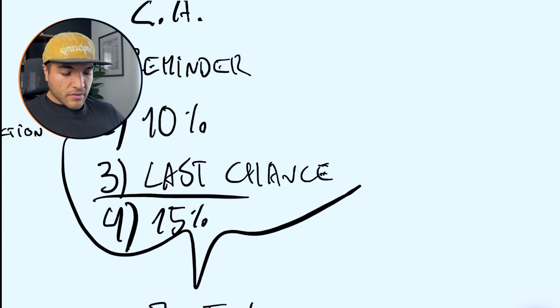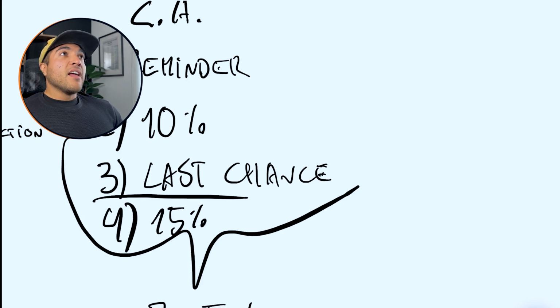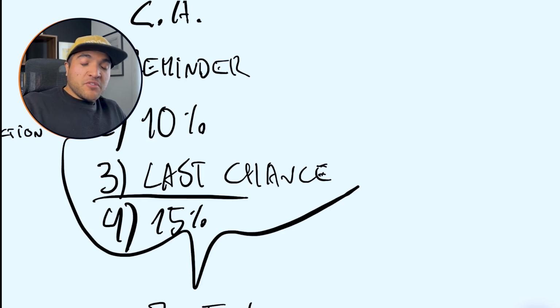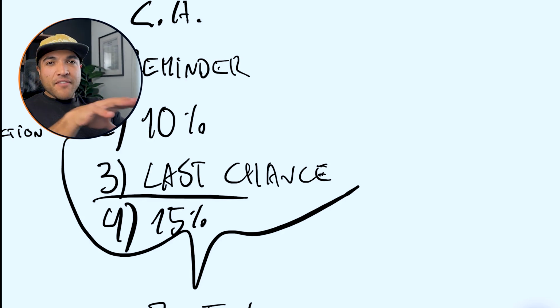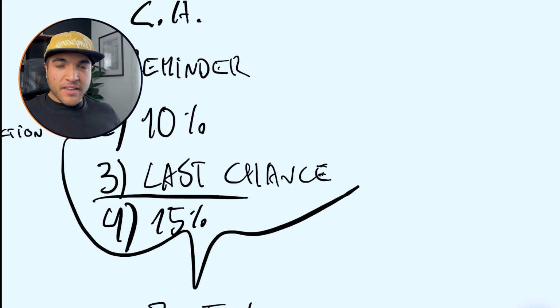Anyway, this is a discount ladder. They increase the discount. In theory, this works, right? If they didn't purchase at 10% off, they're going to buy at 15% off. I've been doing email marketing for half a decade. When I was getting started, I accepted this as true.